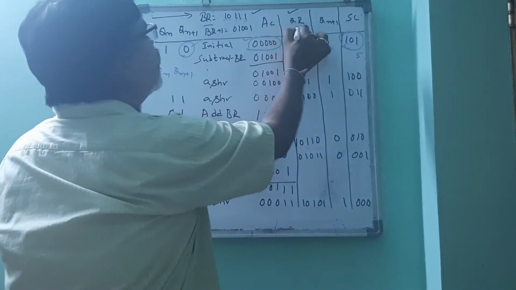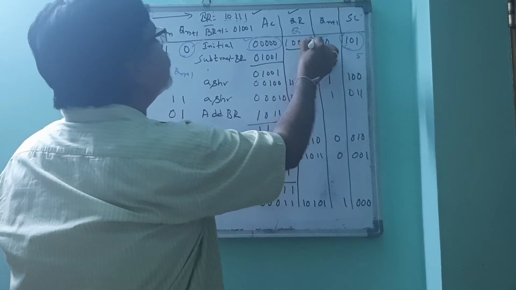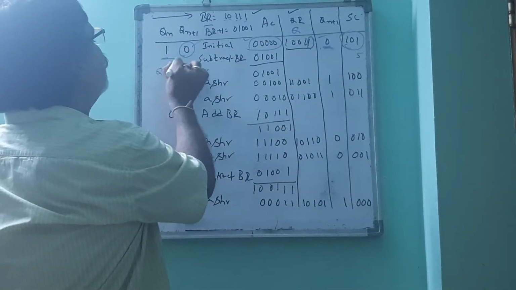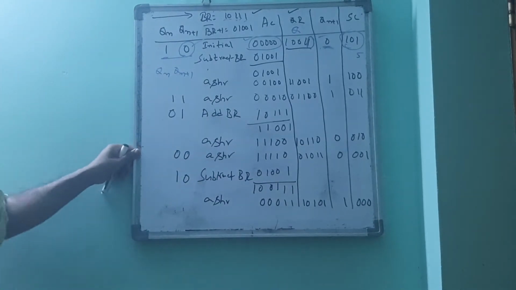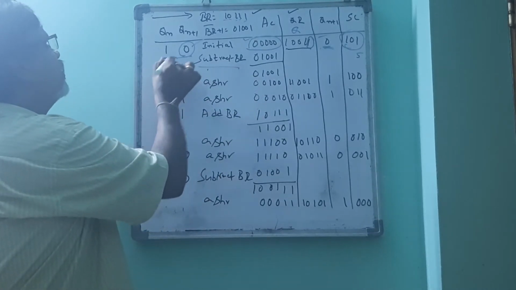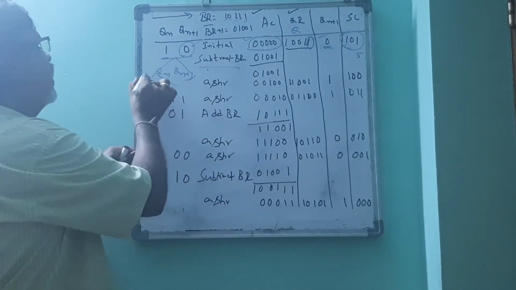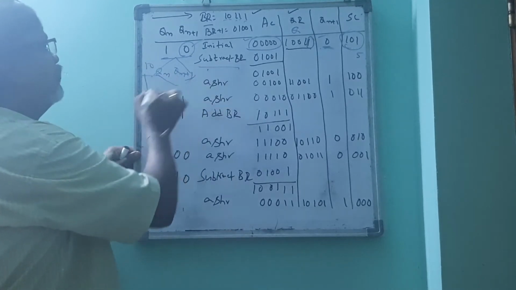This is register Q, and Qn is this one, that is 1. So Qn and Qn plus 1 is 10 there. If it is 10, we are going to perform the subtract operation. In this decision symbol, if you go on the 10 side, we perform subtraction.